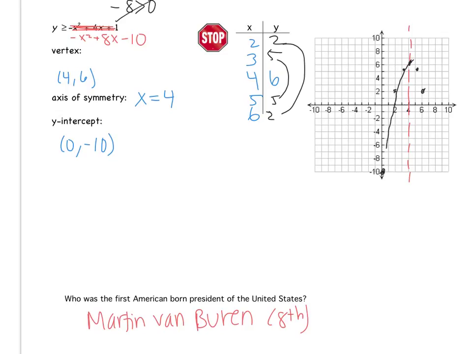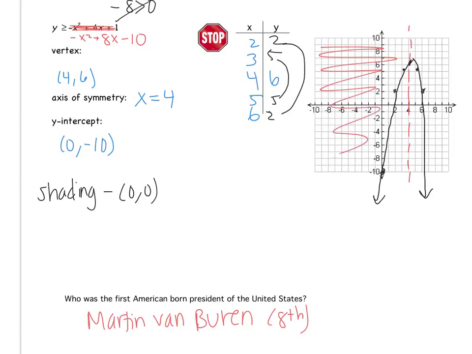Now this should have been a solid line because we have greater than or equal to. Now, to figure out the shading, you should have substituted in 0, 0. When you do that, your shading is everything outside.